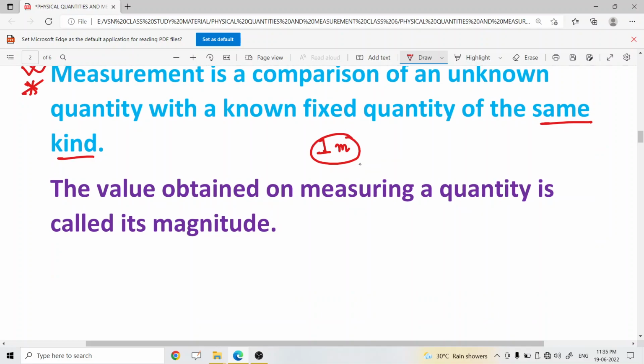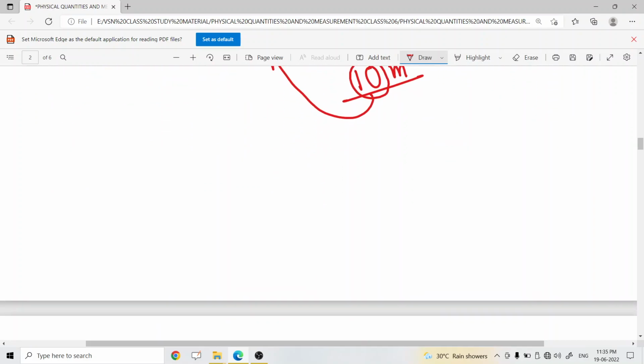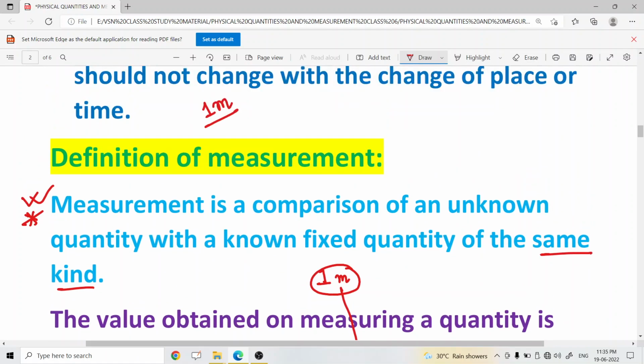Like we take 1 meter as the standard value, then we find out the length of a body, that is 10 meter. So we can say that here 10 is the magnitude, and the length of the body is 10 times the standard unit, that is, the standard value of 1 meter. In this process we can define the term measurement.